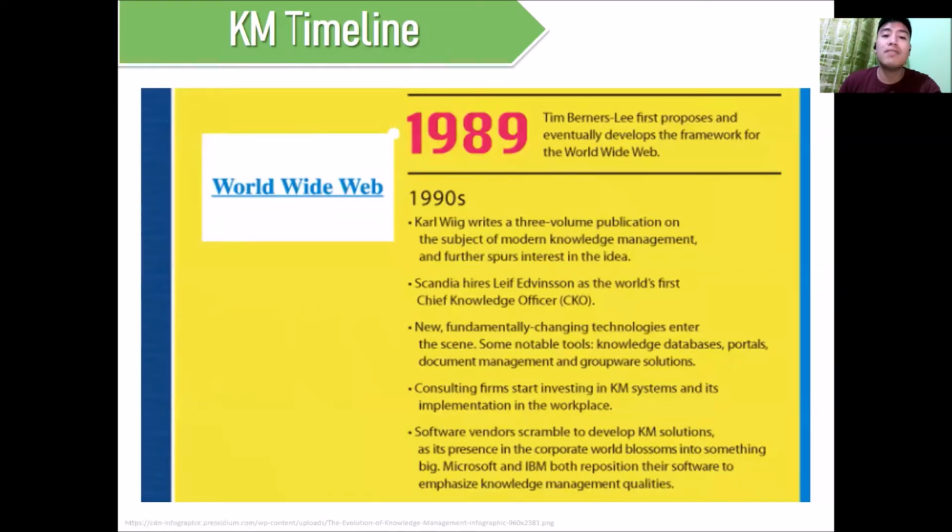Consulting firms start investing in KM systems and their implementation in the workplace. Software vendors scramble to develop KM solutions, as its presence in the corporate world blossoms into something big. That's where Microsoft and IBM came in, which repositioned their software to emphasize knowledge management qualities.